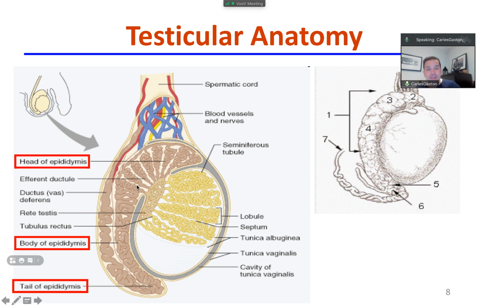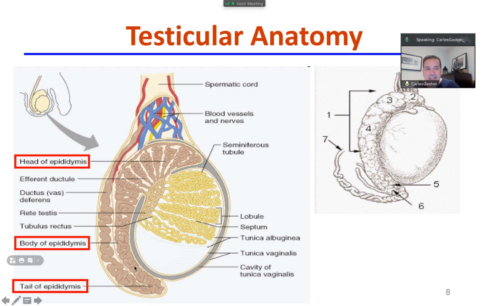And the epididymis can be divided into the head of the epididymis, which contains also these tubules, the body of the epididymis, and the tail of the epididymis.